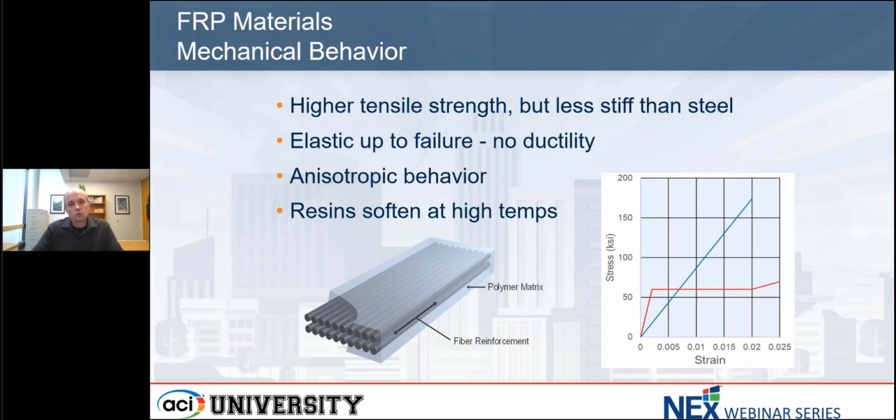So a fairly low temperature threshold for these bars. That obviously has a lot of implications when we start thinking about things like fire resistance or applications in high service temperature environments. So again, we have to think about these types of things when we're using these bars for reinforcing concrete.